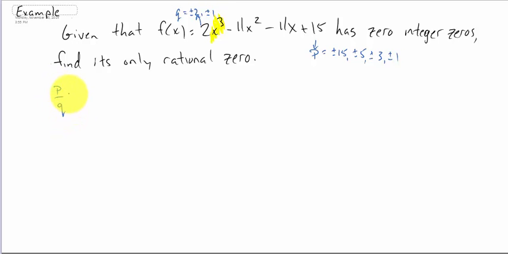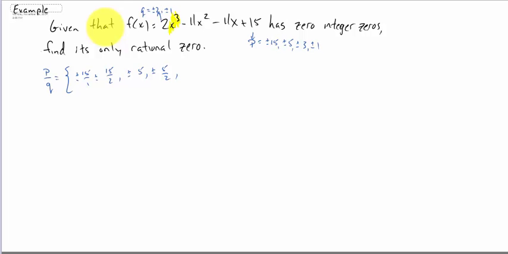So p over q will be this set of numbers. I'm just making a ratio out of every possible p and q combination, taking every p over every q.